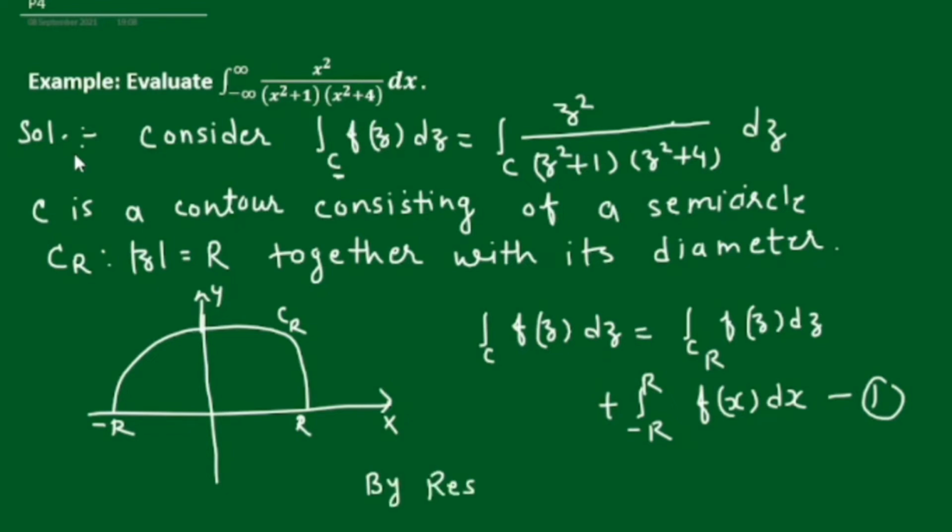Now, by the residue theorem we have the integral along C of f(z) dz is equal to 2 pi i times the sum of the residues at the poles which lie inside the contour. Call it equation number 2.